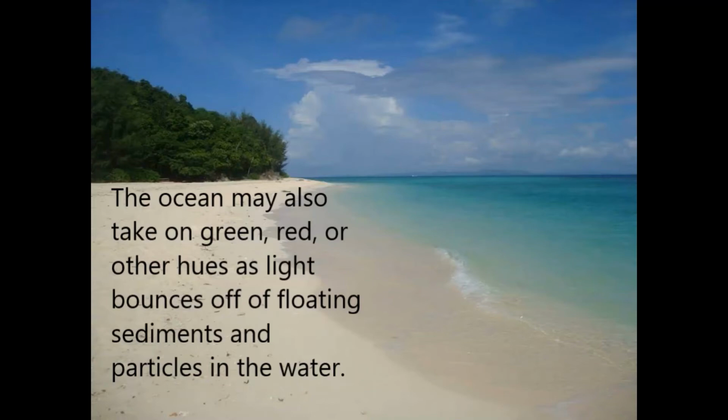So if you're wondering what sediments are, it's just basically really small particles of broken rock. Okay, and those, along with the sun, play into making the ocean blue, or as this is saying, green, red, or other hues of light. Okay, so let's go ahead and read the final paragraph now.